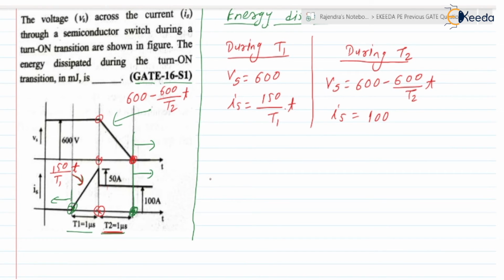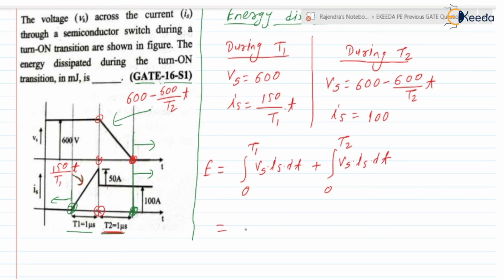So we can write the energy dissipation E as the integration of power. Integration from 0 to t1 of Vs into Is into dt, plus integration from 0 to t2 of Vs into Is into dt.